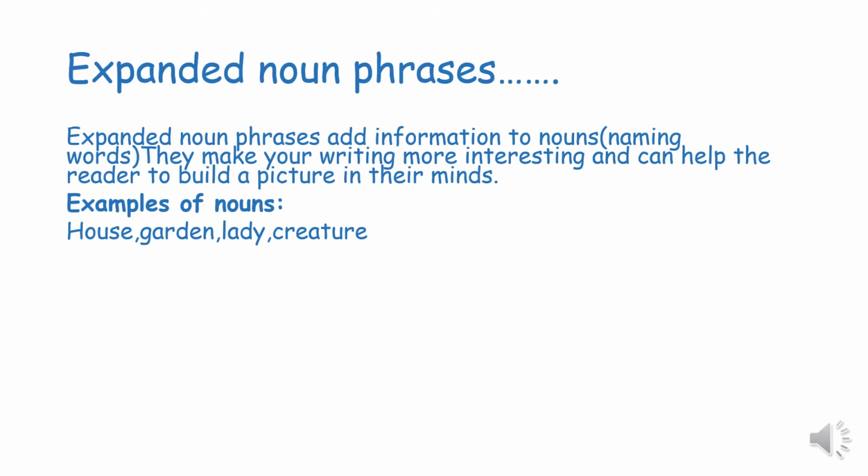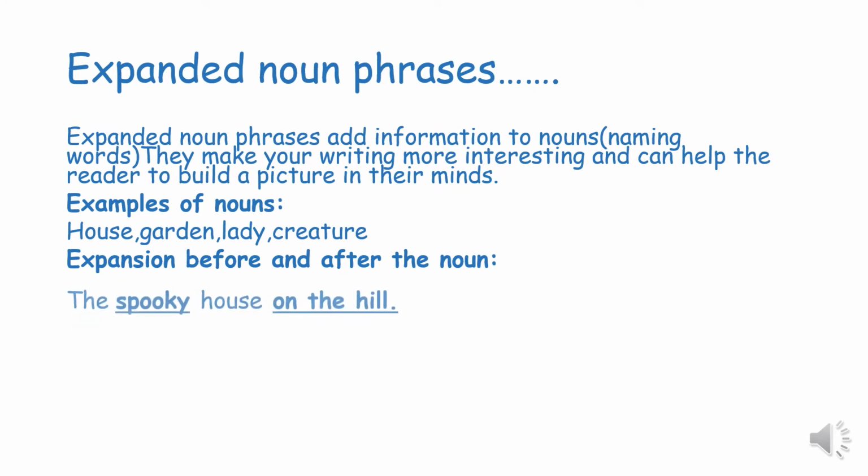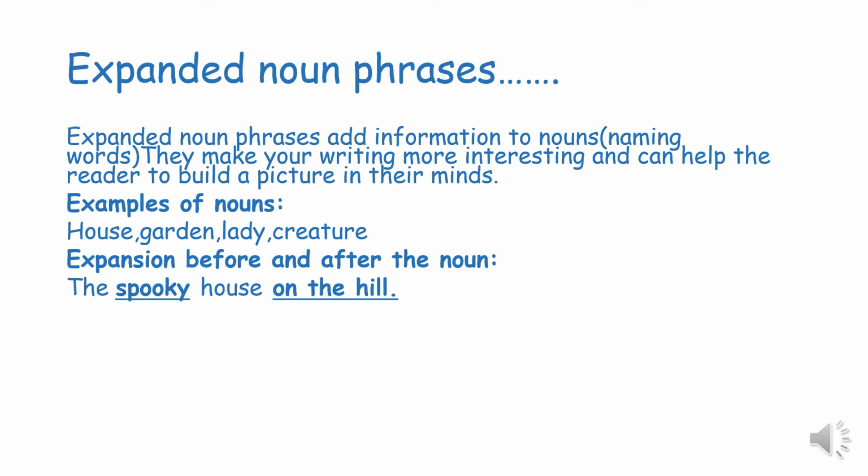So now we're going to expand these nouns, and we are going to expand them before and after the noun. For example, the noun in this sentence is house, and we've expanded before by putting the spooky house, and we've also expanded afterwards with on the hill. The spooky house on the hill.